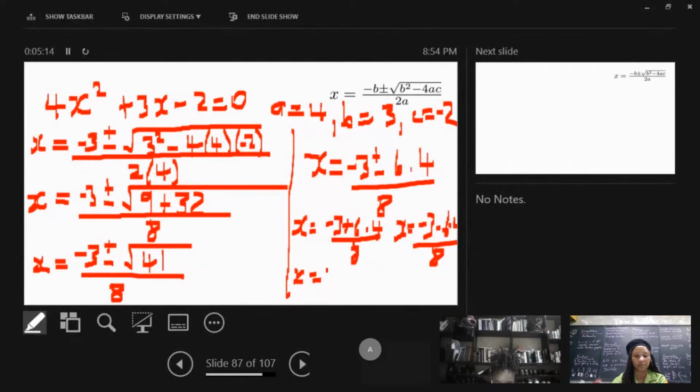Which gives 0.4. And negative 3 minus 6.4 is negative 9.4 over 8, and that would be negative 1.175. All right, so we got our two values for x.